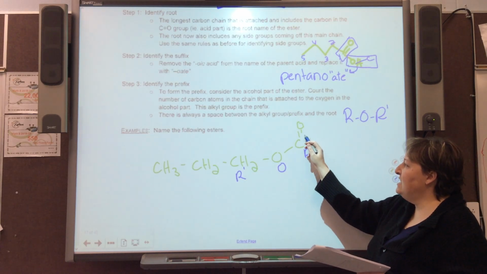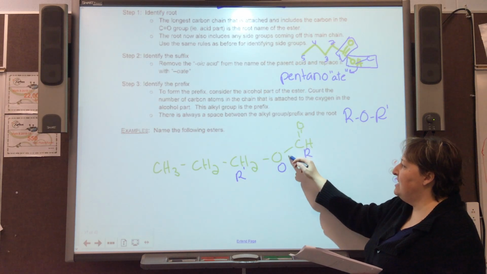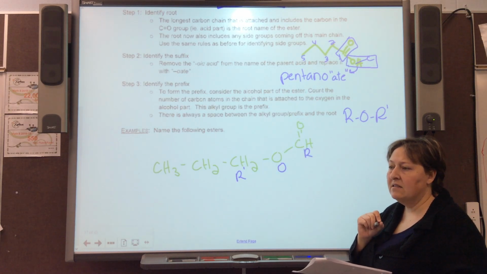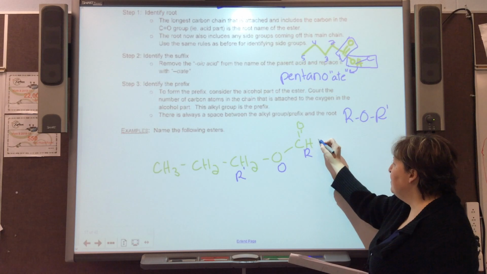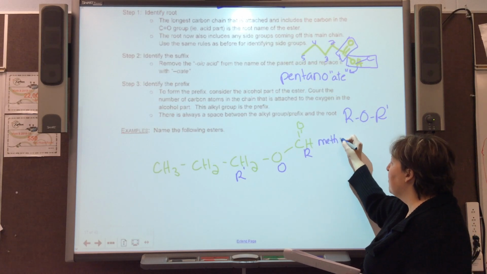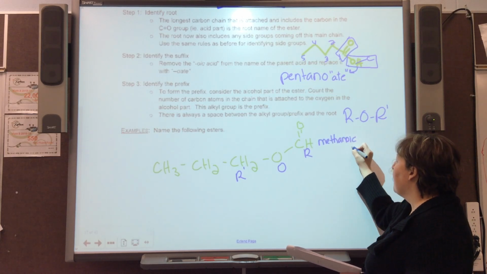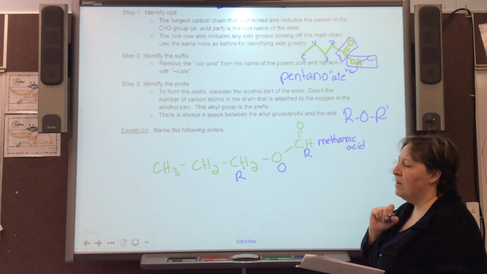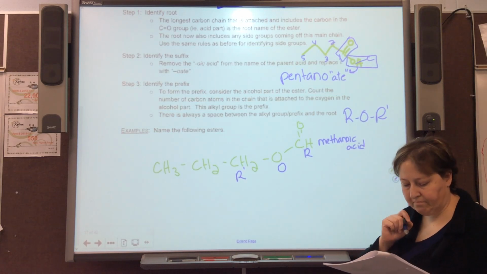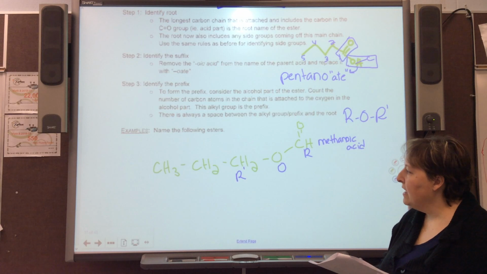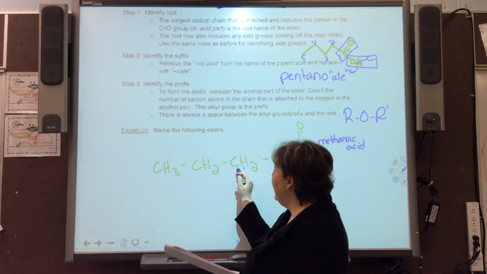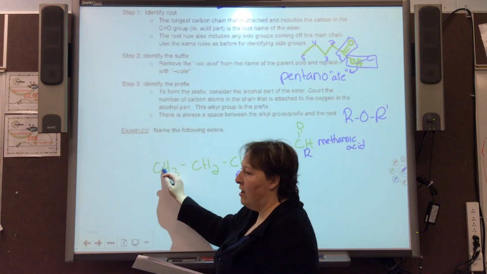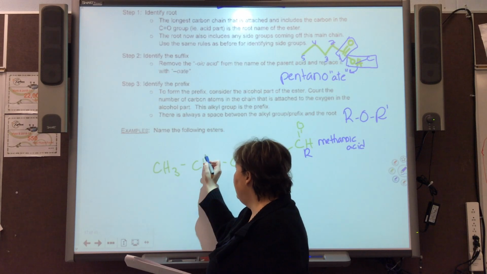So how many carbons with this acid? 1. So this is methanoic acid, right? So this group here, the R prime, how many carbons does it have? 3.